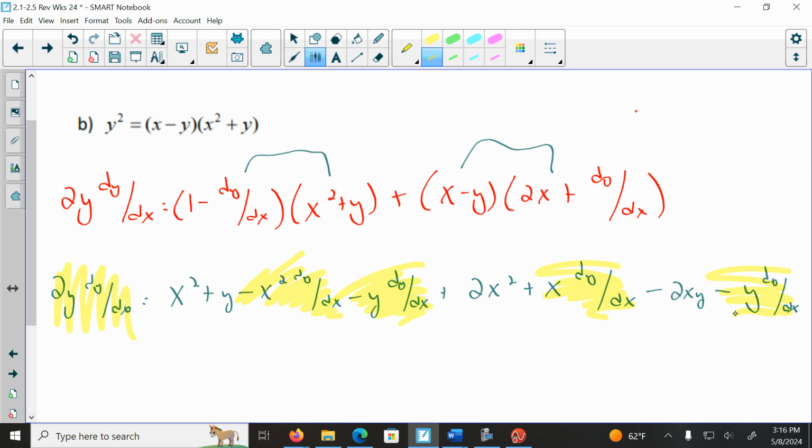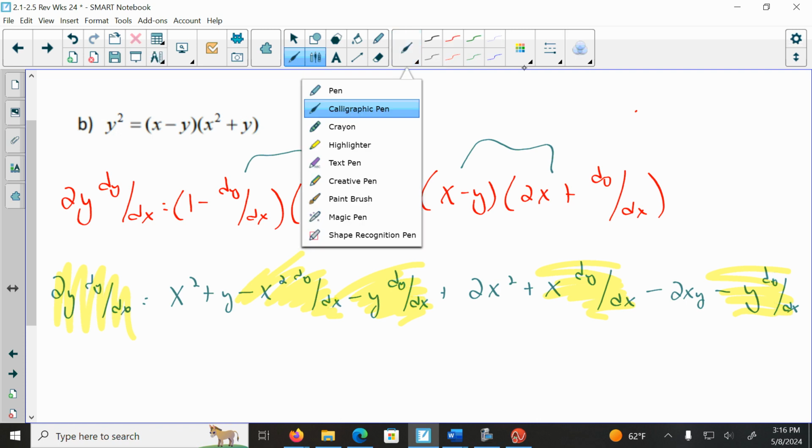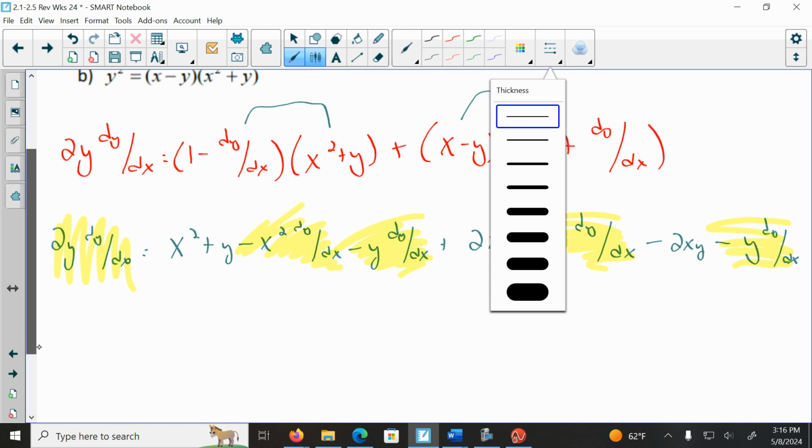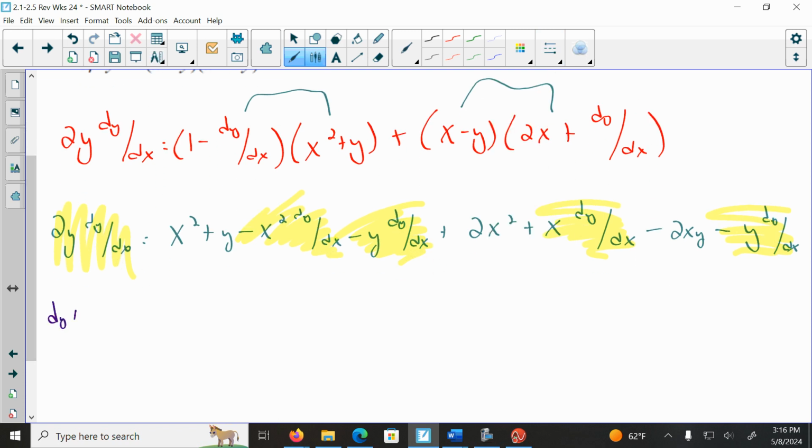So I'm going to take those 4 things to the other side with the 2y, and while I'm doing that, I'm going to factor out dy/dx. So dy/dx times, and then there's this 2y.